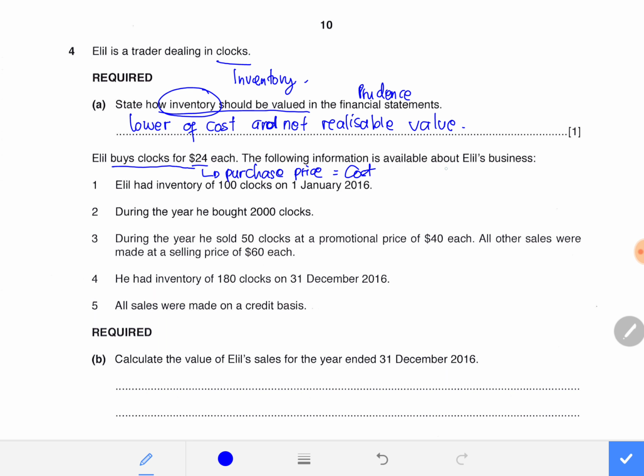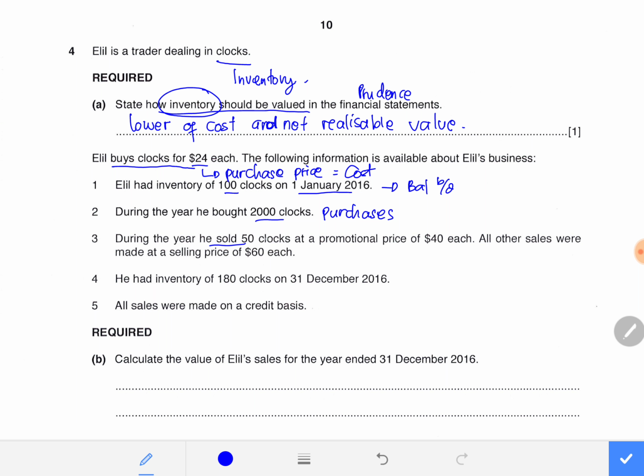Next, the following information is available about Elil's business. Elil had inventory of 100 clocks on 1 January. Whenever it states the first date of the month, it always represents balance BD. During the year, he bought 2,000 clocks, purchases.